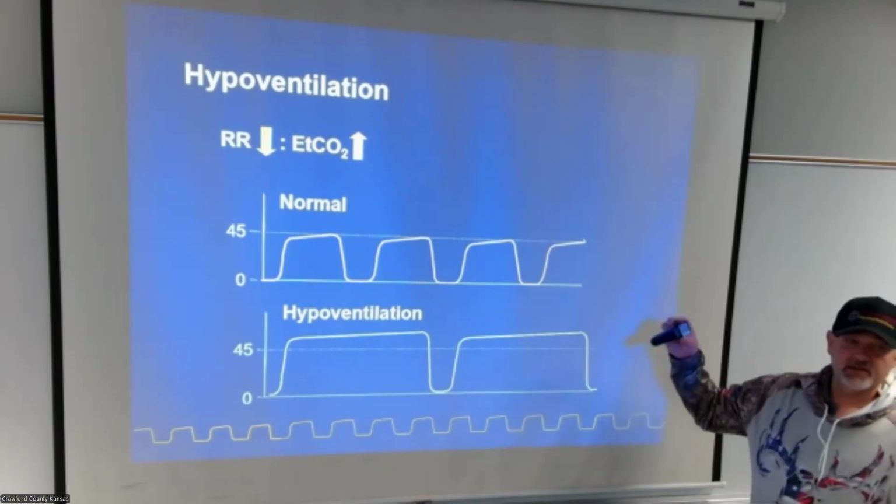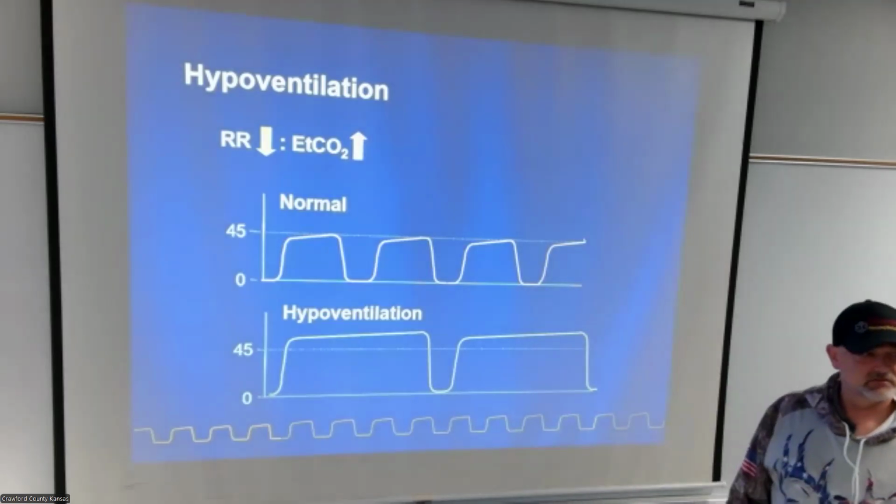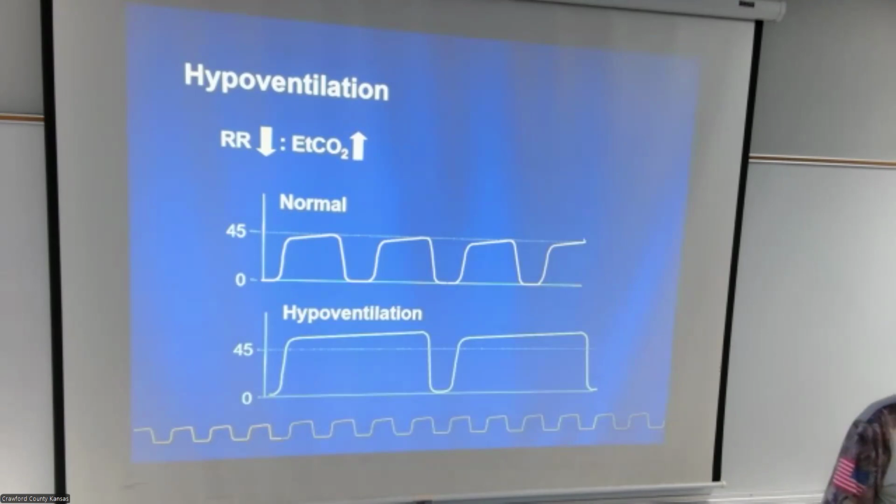So if you're sitting behind your patient and this pops up on your monitor, it's the first thing you want to do: assess our patient. Let's get them some O2. Let's help them breathe back up. Breathing 8 times a minute, bag them.